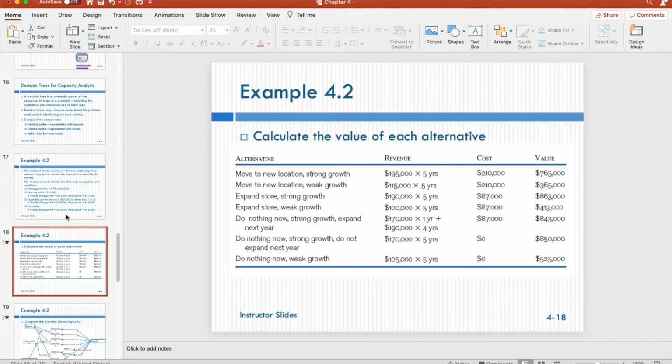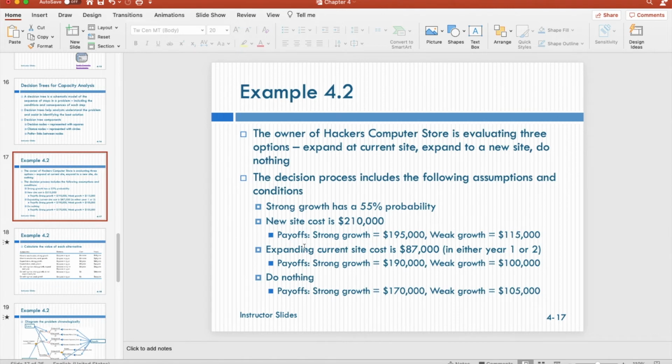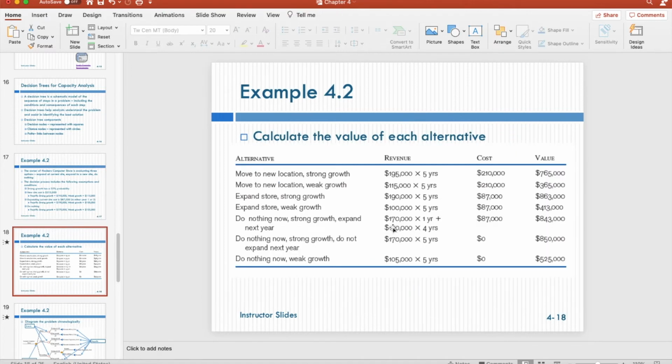Since you decide to expand next year, which is basically at the beginning of the second year, what is the corresponding revenue in the second year? You decide to expand on the current site, then still with a strong growth, what is the corresponding payoff? 190, but here, the 190,000 can only be multiplied by 4.